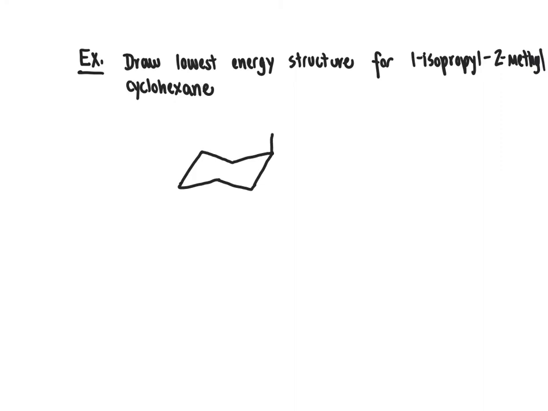I'm going to draw my axial up, down, up, down, going all the way around the ring. I'm going to go back and erase a little bit here to emphasize that that axial bond is in front. And I could further emphasize that these bonds are in front by making them wedges pointed toward us.